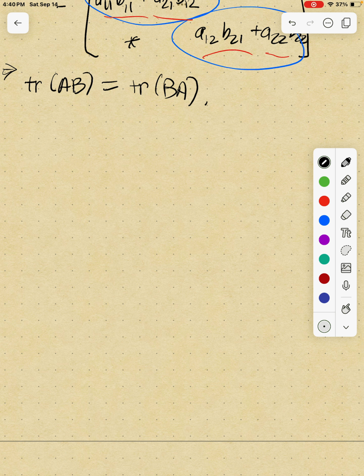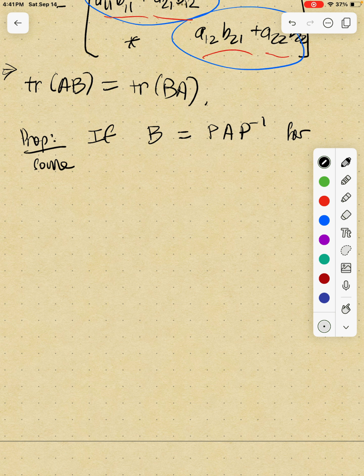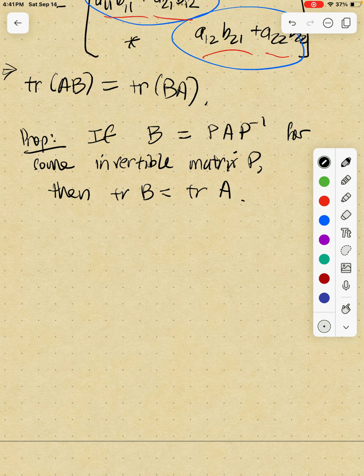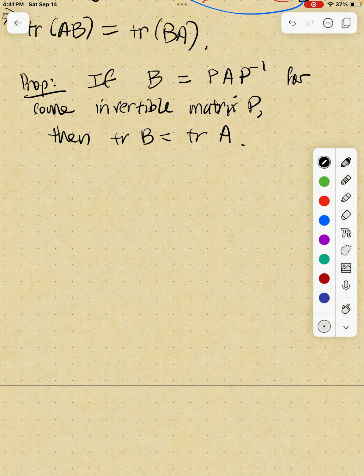Well, one consequence of this is that if you have a matrix B, which is P times A times P inverse, for some invertible matrix P, then the trace of B equals the trace of A. I'll give one argument.